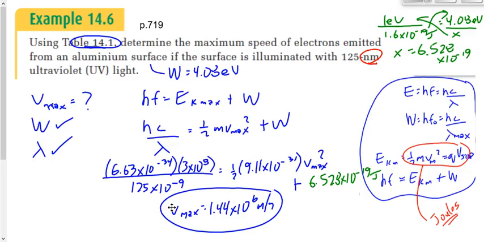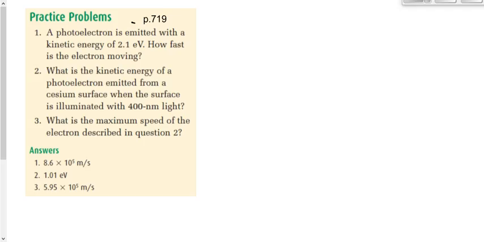They would be moving faster because they're more energetic, right? Higher frequency photon, faster moving electrons, more energetic electrons. I'm going to give you a couple questions to go with this for homework on page 719. They are homework, not working on in class right now because I want to cover one last thing before class is over.